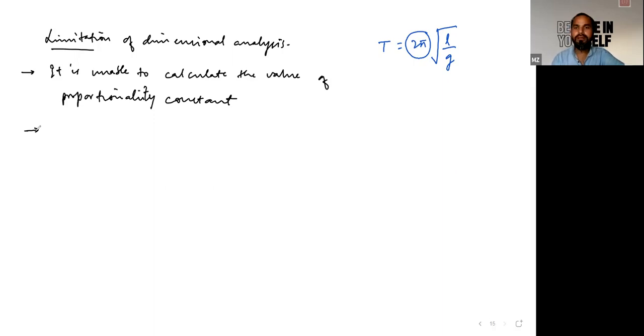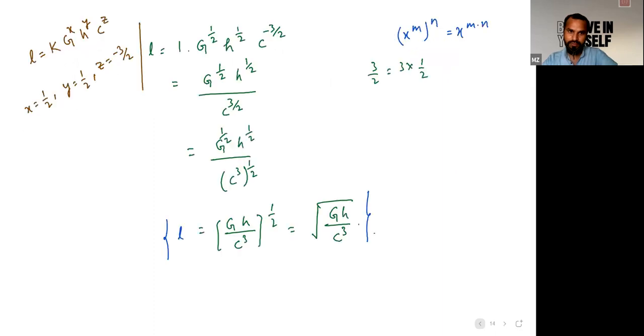The next demerit is, if you analyze all of the previous problems, I have written only 3 terms, meaning a quantity Q based on just 3 terms.